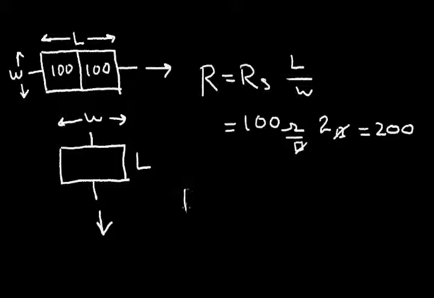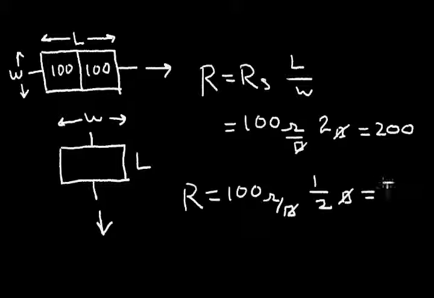Again, the resistance is the sheet resistance, which is 100 ohms per square, times the length divided by the width, or the number of squares. The number of squares is 1/2 of a square. And again, the squares cancel, and I'm left with 50 ohms. So this is a 50 ohm resistor if the current flows in the short dimension.